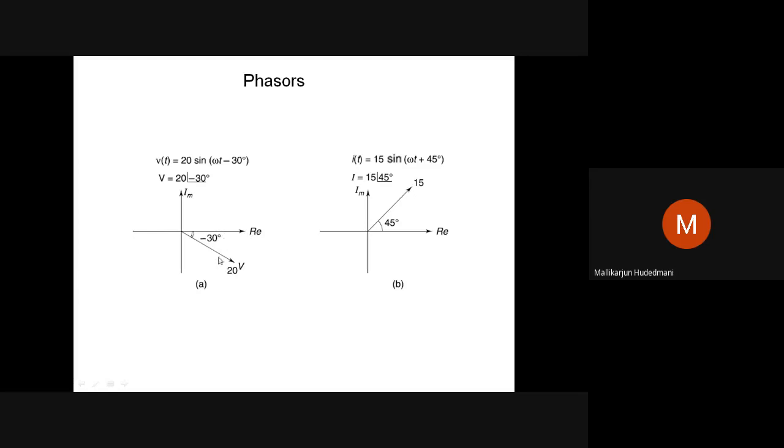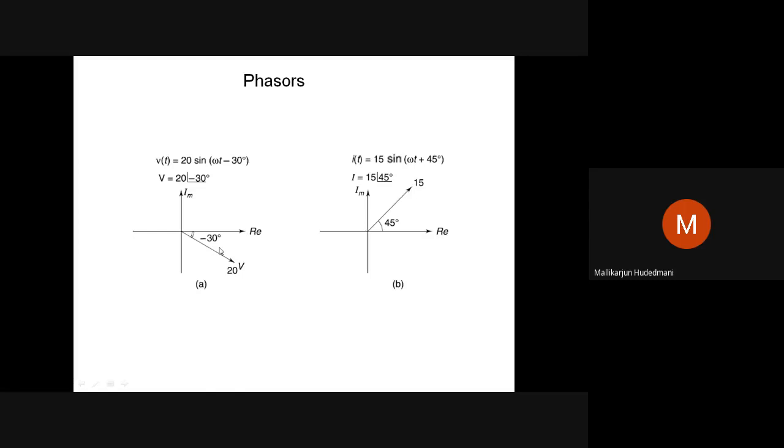It is lying below the reference because it is omega t minus 30. Omega t is your reference. It exists below the reference by an angle of 30 degrees, with magnitude 20. This is how it is drawn in the representation.